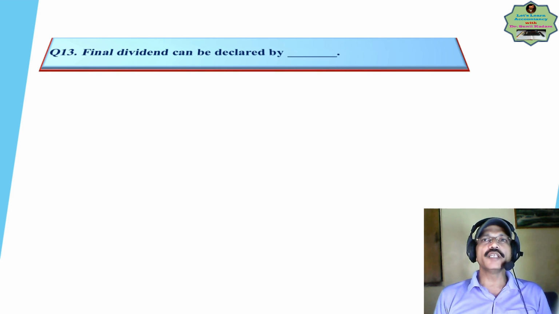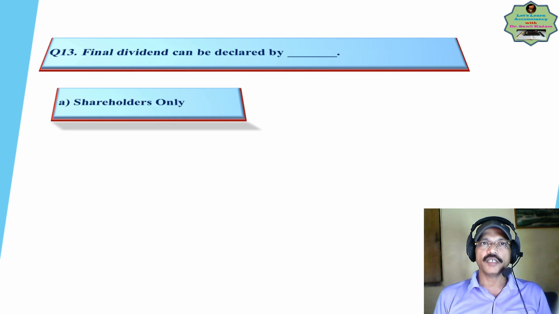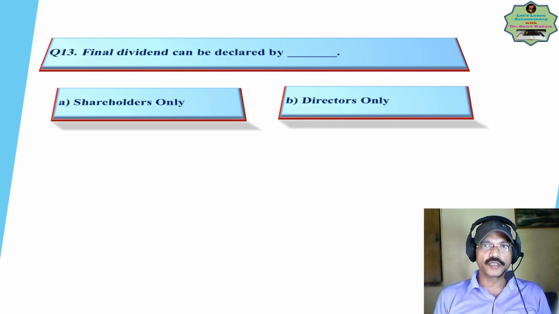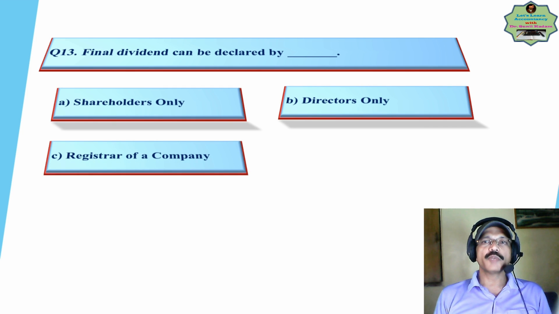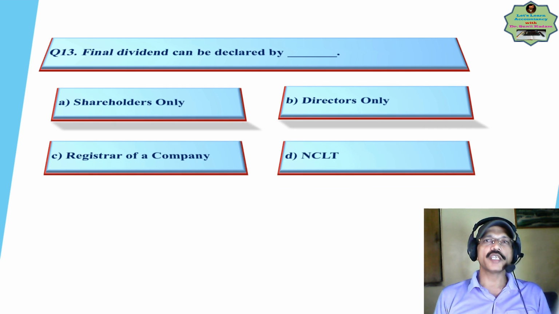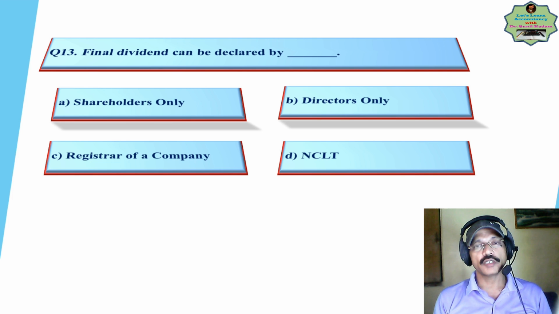Final dividend can be declared by: shareholders only, directors only, registrar of companies, or NCLT. Dividend is the share of profit given to the shareholders, and this is talking about final dividend. For a final dividend, the directors have to propose it and accept it in the board meeting, and thereafter they have to present that proposed dividend resolution to the AGM, and the AGM accepts it with a resolution.